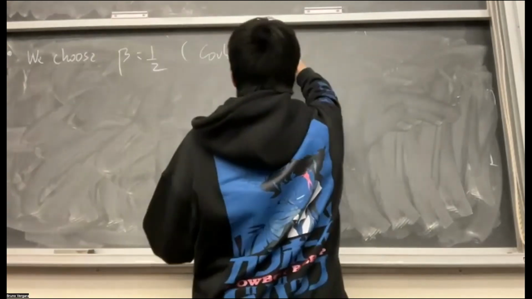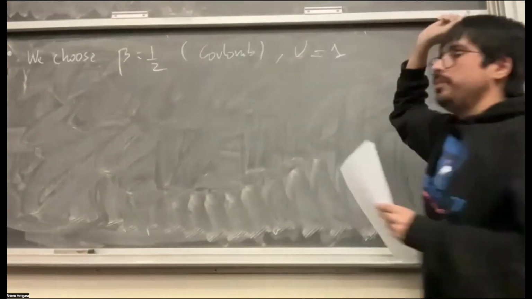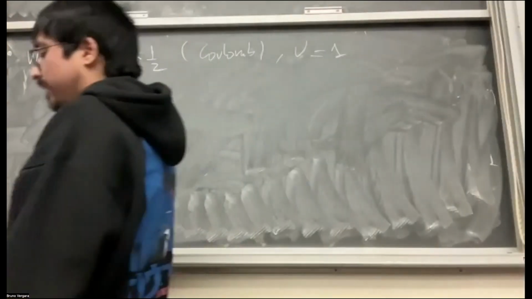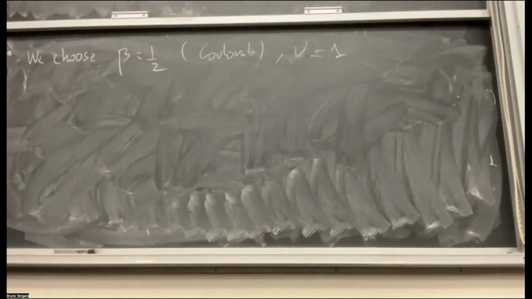And then I also choose nu equals 1, so that when I do the expansion of the solution, I get the same linear asymptotics of the true eigenfunction, which I know as a priori information.